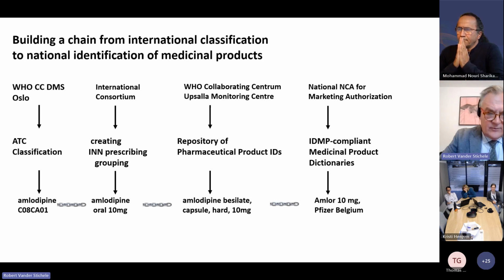Amlodipine, not looking at the modifier. Oral, not looking at capsule hard or tablet. And of course also 10 milligram. And that gives us an unbreakable chain of the ATC code to the INN prescription, to the pharmaceutical product identifier, to the local product in the countries.